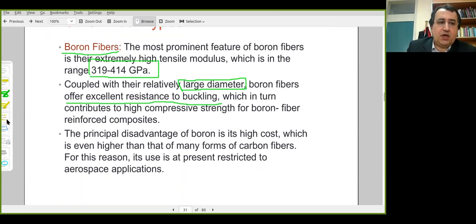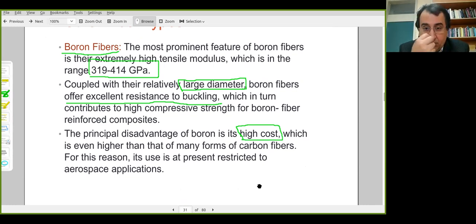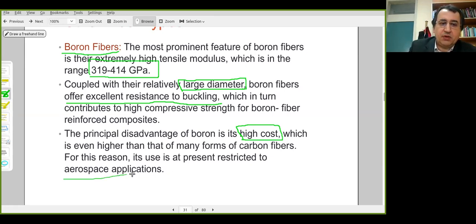Cost can be a concern here. The application of the material should justify the use of these structural components because it has a relatively higher cost. But it could be an alternative in aerospace applications. Boron fiber.